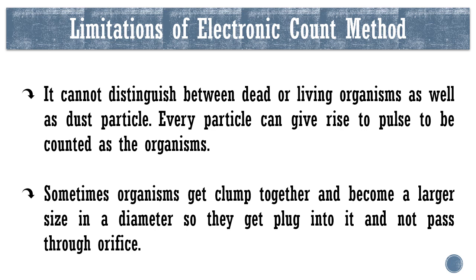With the limitation of the electronic count method, we can also use flow cytometry, but it is economically very costly. So instead we can go with the electronic count method, but for your knowledge, flow cytometry is the most accurate among all these methods.